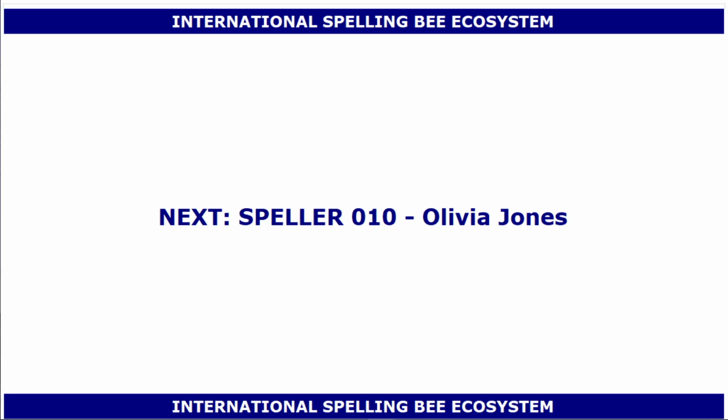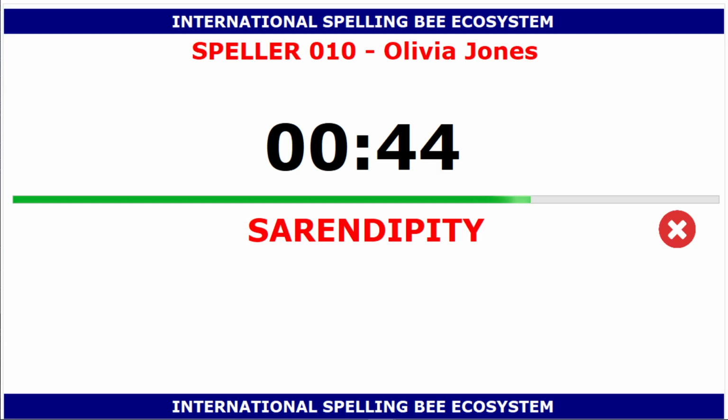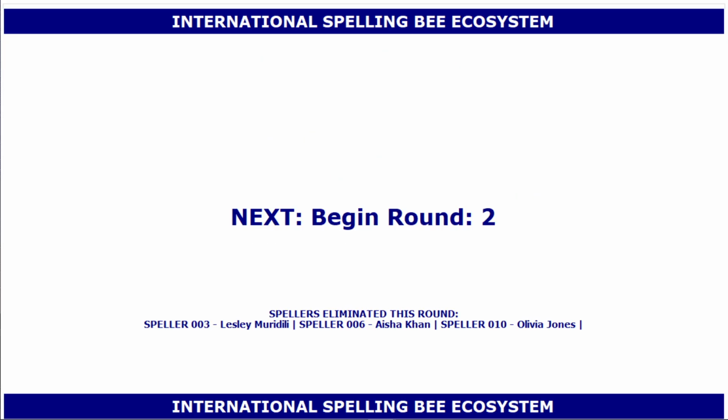And then the next speller is Olivia Jones. The word for Olivia Jones is serendipity. Serendipity, spelled Sarendipity. And when we adjudicate, the software has identified that the speller made a mistake and they have been eliminated.